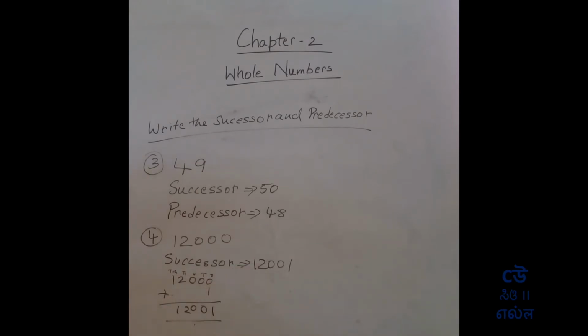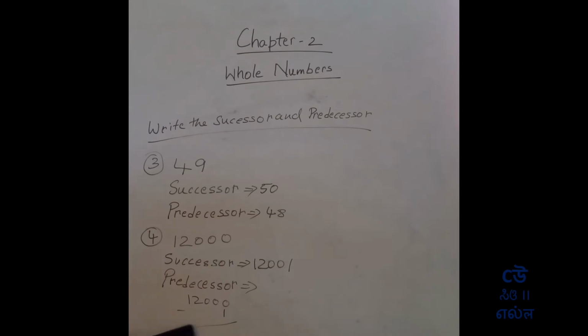So let us find the predecessor number. Predecessor number of 1, 2, 0, 0, 0. You'll get confused, so you can write like this and find the answer. Okay.